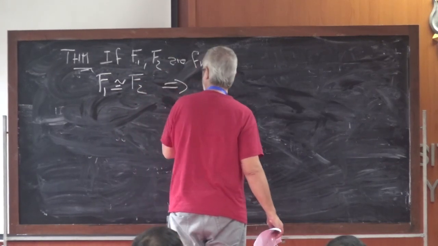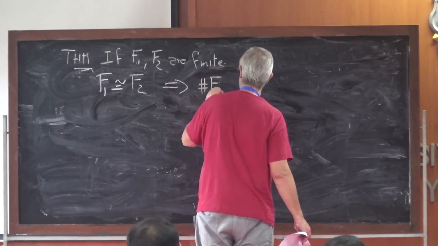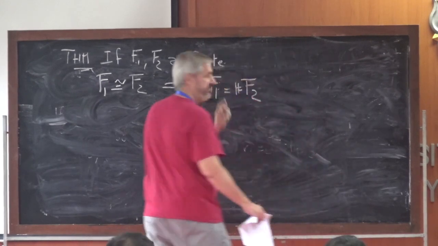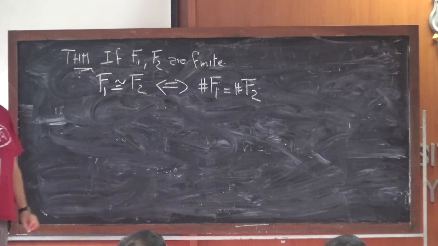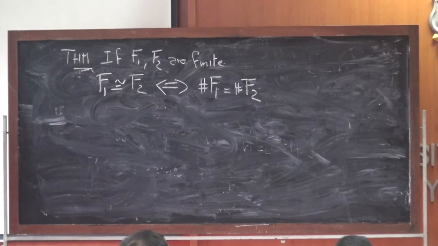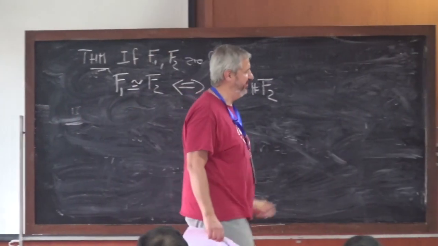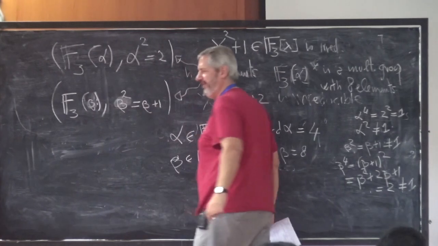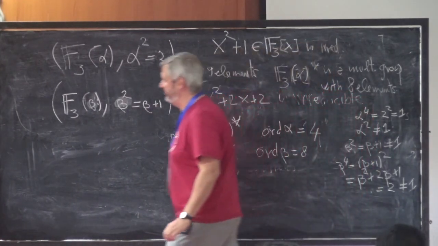Well, certainly if they're isomorphic, then they have the same number of elements, right? But this theorem says that this is an if and only if. Okay? So two finite fields are isomorphic if and only if they have the same number of elements. And so in this case, these very different looking fields do have the same number of elements.